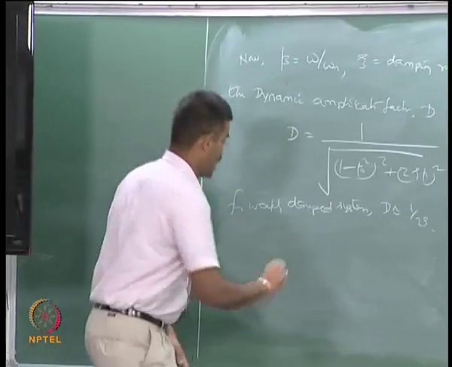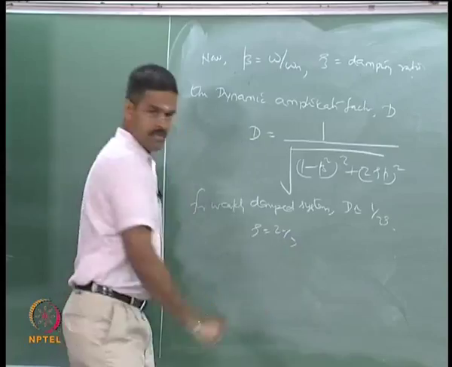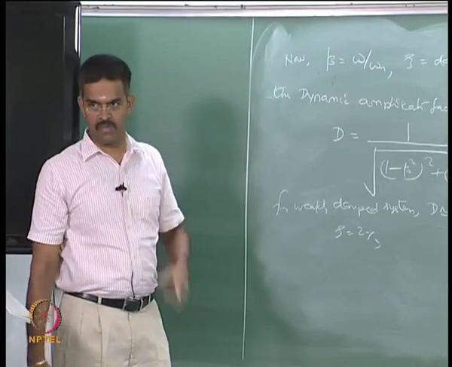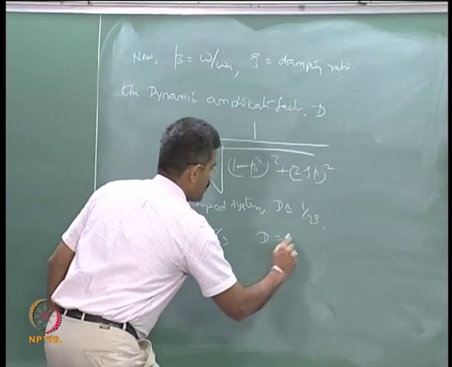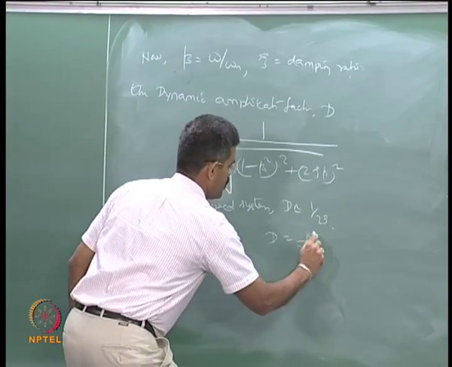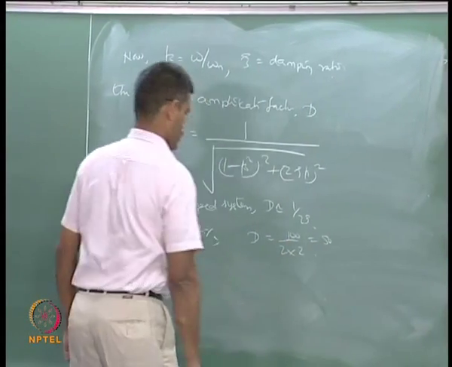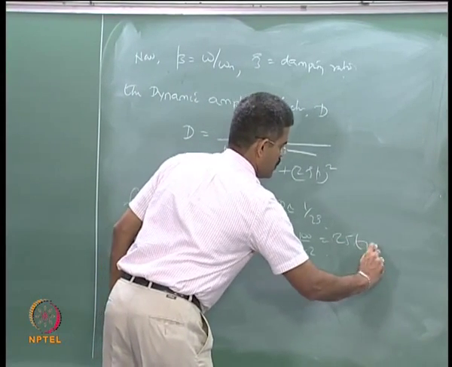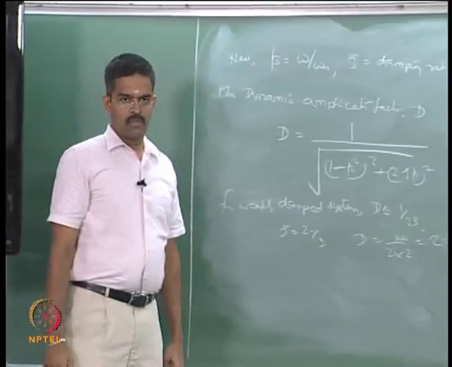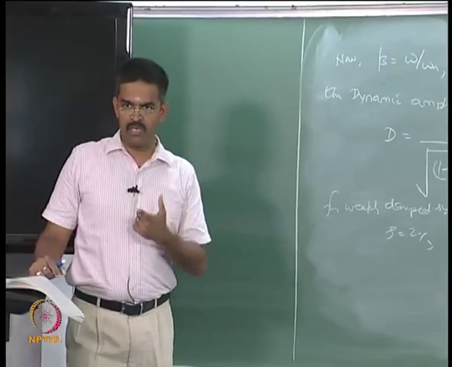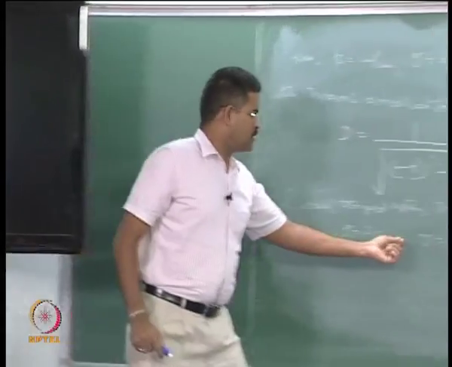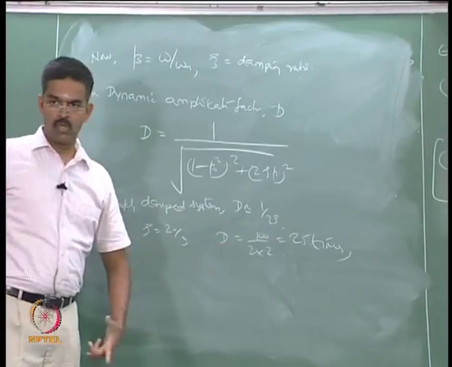What does it mean? If I have zeta as 2%, the magnification will be 50 times. So if we have a zeta of just 2% in a given system, the maximum amplification what I will get for the system will be about 25 times, isn't it?